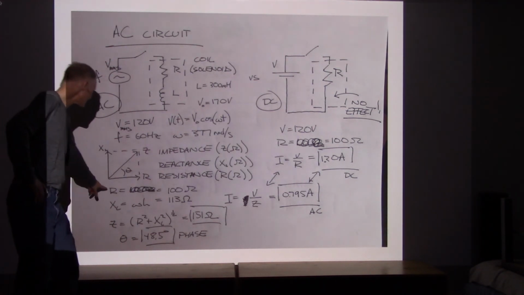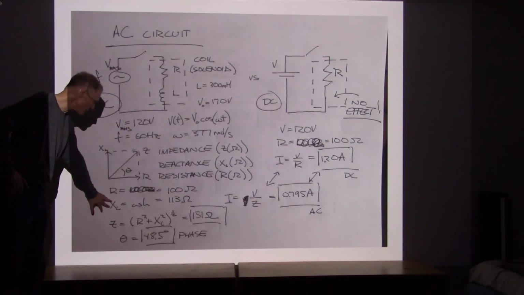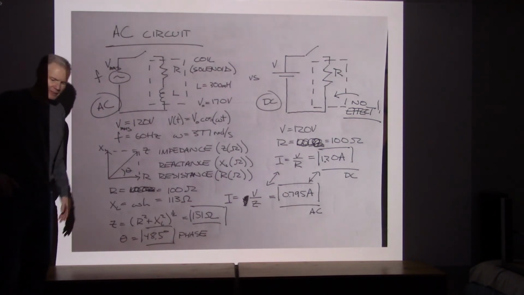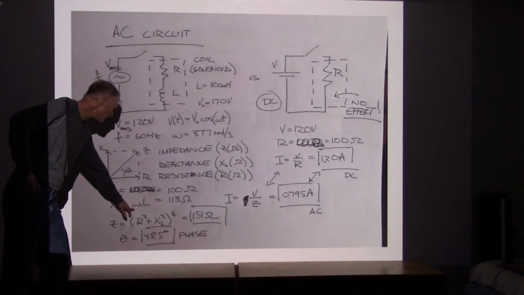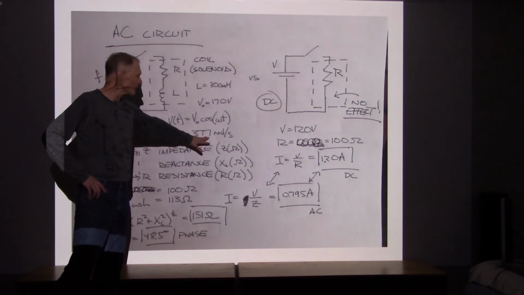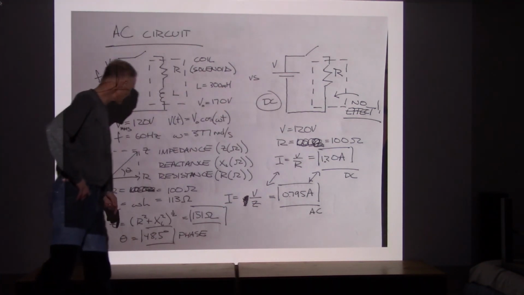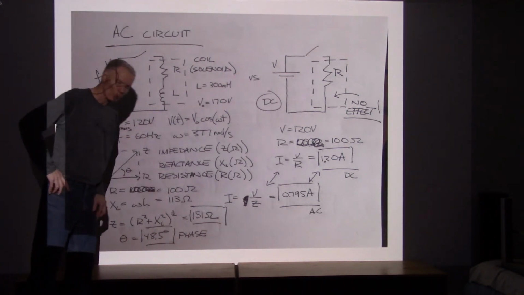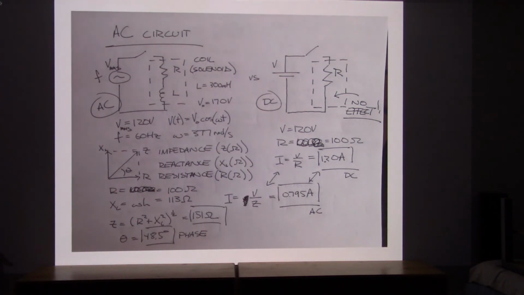Now, the resistance we said is 100 ohms, but to calculate the resistive effect of my inductor, its reactance, we need to take omega times L. Now, omega was 377 radians per second, and the inductance is 300 millihenries. Combining those together, what I found was 113 ohms of inductive reactance.